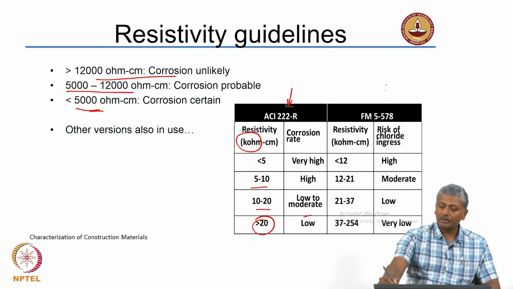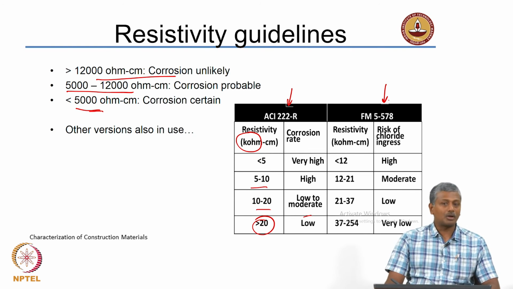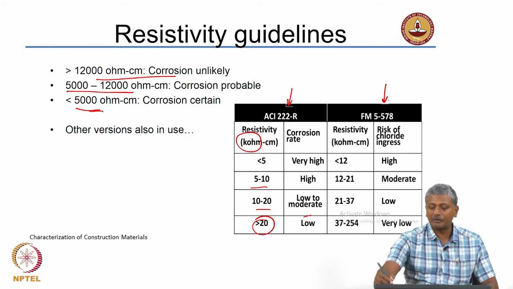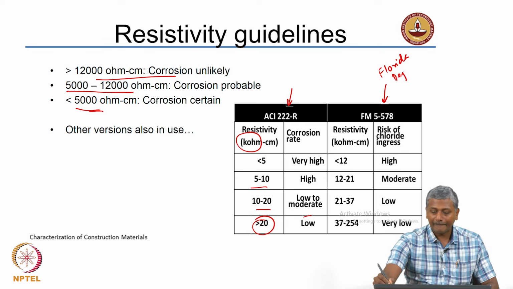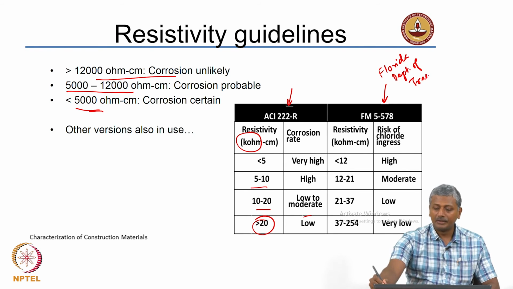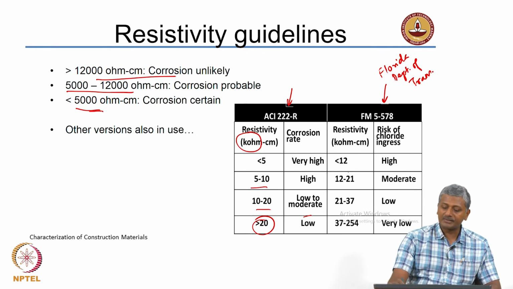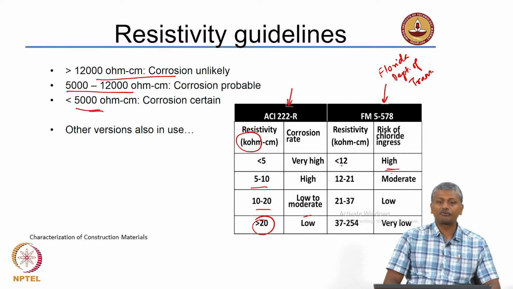But a more sophisticated model is proposed by the Florida Department of Transportation in their document FM 578, which says that resistivity values of less than 12 indicate a high risk of chloride ingress.